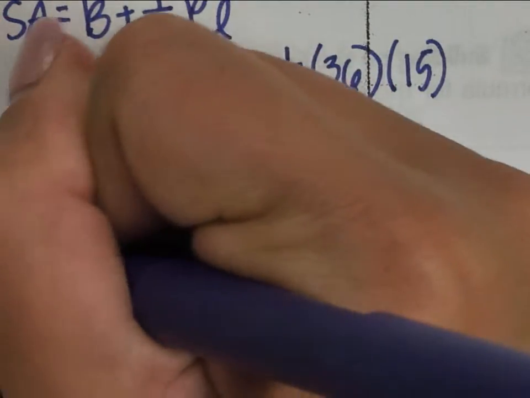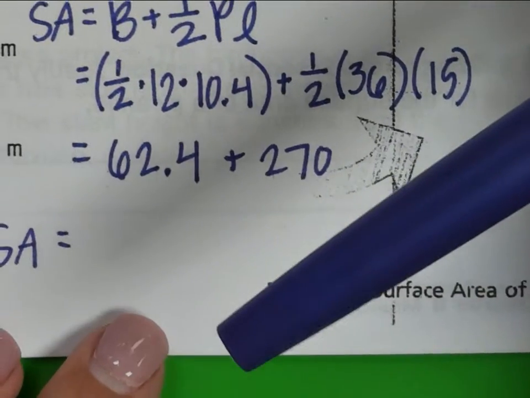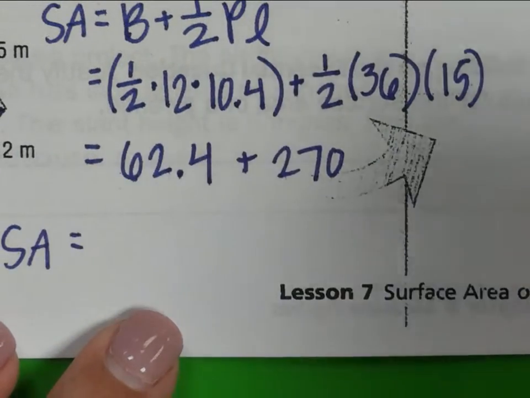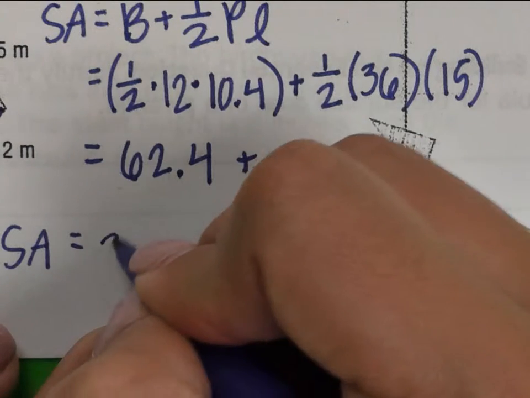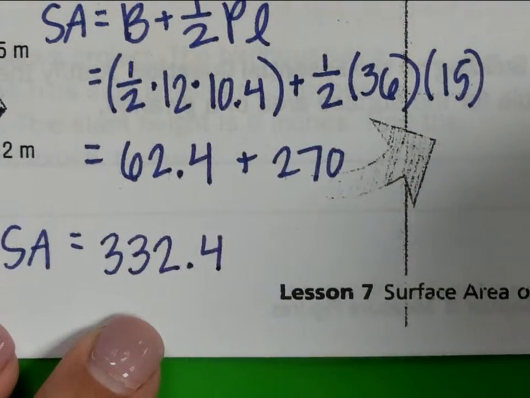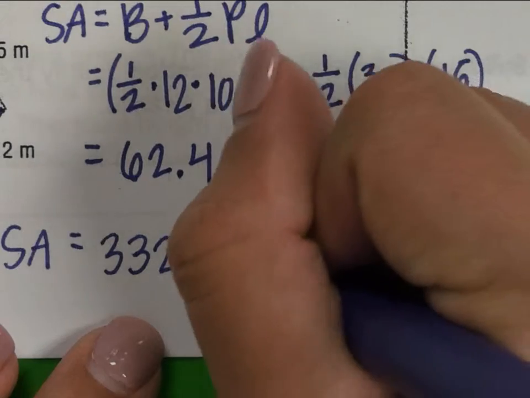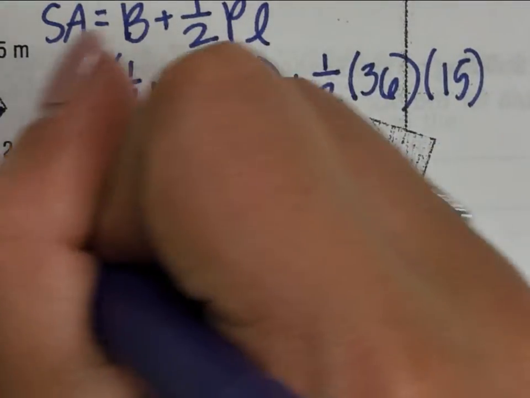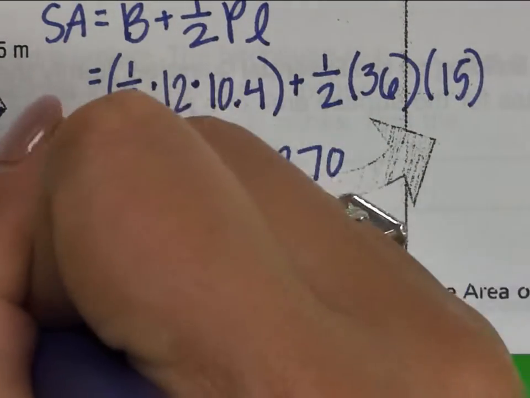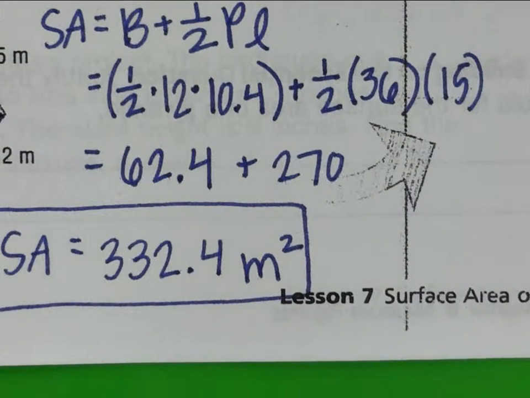And then finally, what is my total surface area? Good. 332.4 what? Meters squared. Any questions about that?